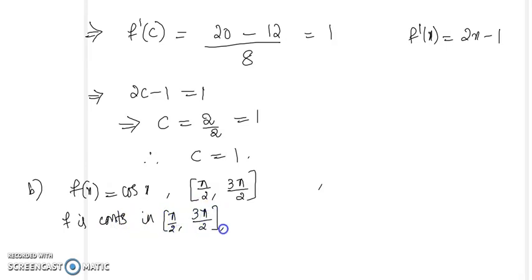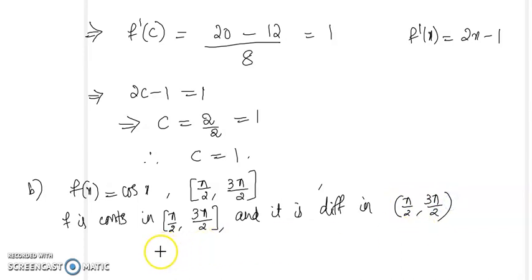Cosine function is continuous everywhere, and it is differentiable in the open interval pi by 2, 3 pi by 2, and we have f of pi by 2 equal to 0, f of 3 pi by 2 is equal to 0.